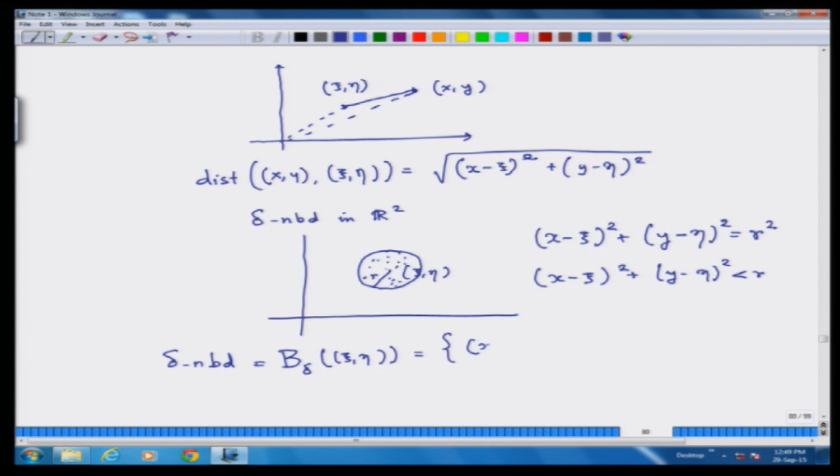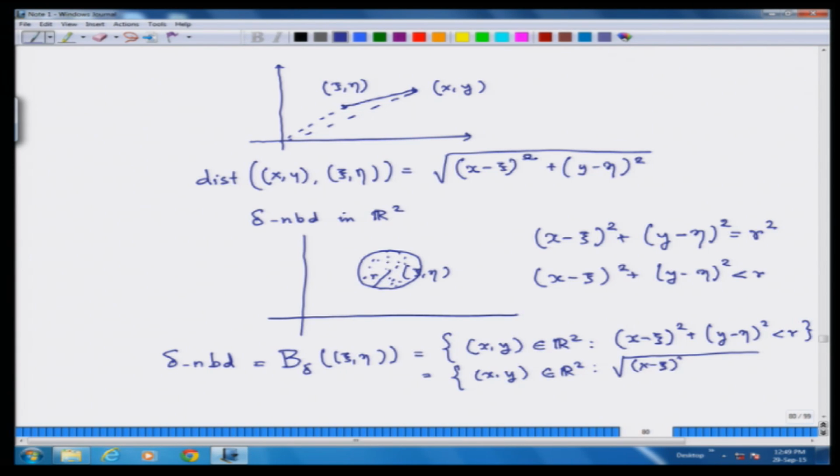It collects all (x, y) on the plane which satisfy this formula, (x minus xi) square plus (y minus eta) square is strictly less than r square, which is the same as the set of (x, y) in R2 such that root over (x minus xi) whole square plus (y minus eta) whole square is strictly less than r, which is the same as the distance between the points (x, y) and (xi, eta) must be less than r.